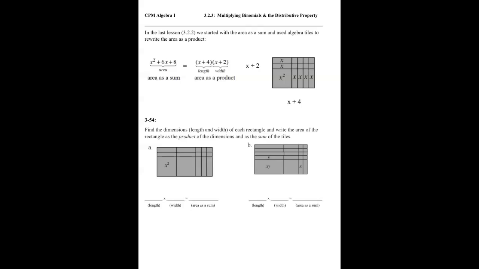We talked about how we could add up all the parts and pieces to express the area as a sum. So for example, we've got 1 x squared tile, we've got 1, 2, 3, 4, 5, 6 x tiles, and 1, 2, 3, 4, 5, 6, 7, 8 unit tiles. So the area as a sum is x squared plus the 6x tiles plus the 8 unit tiles.